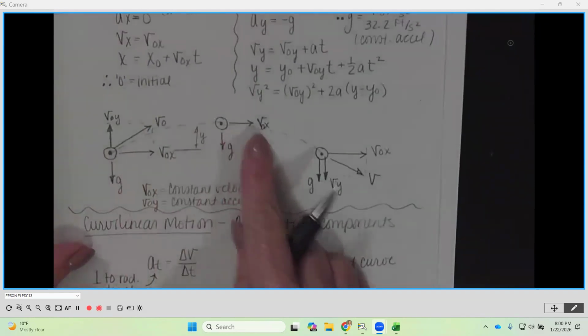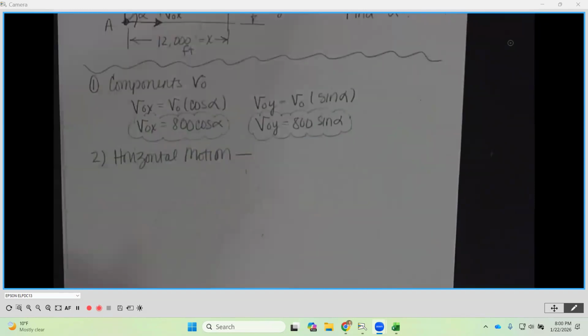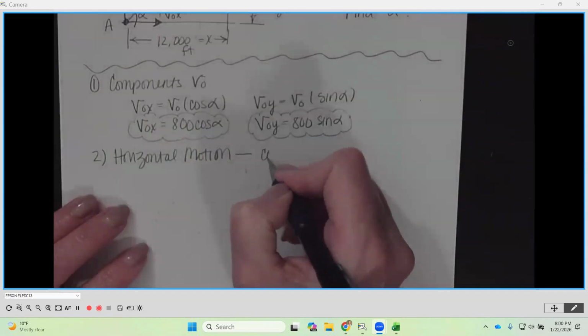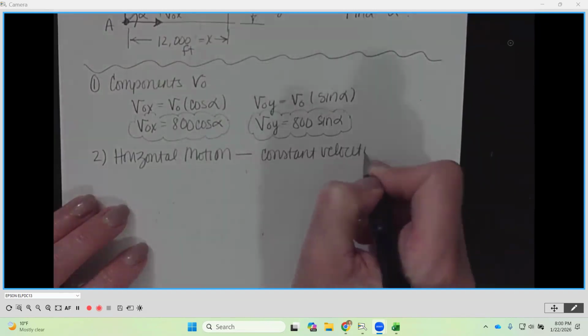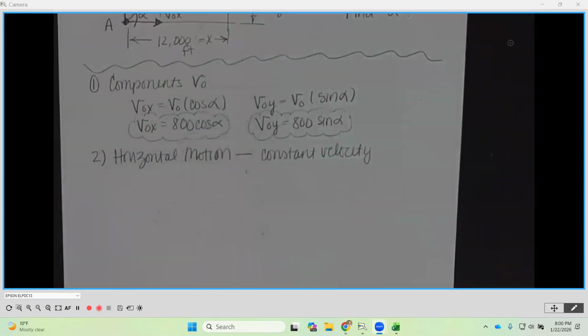We know that is always going to be consistent throughout. So this is constant velocity, and I like to just identify that and get my mind wrapped around it so I know where I'm headed, what the relationships are, and how it's going to behave.